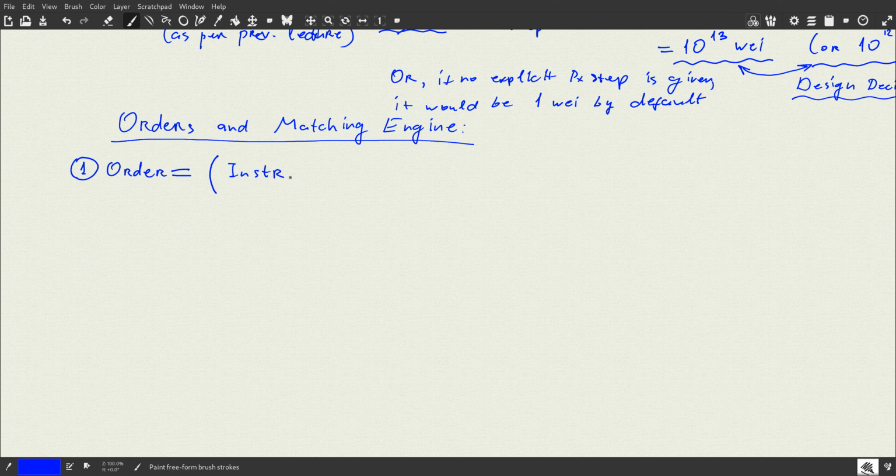We'll see how to model orders in our case.